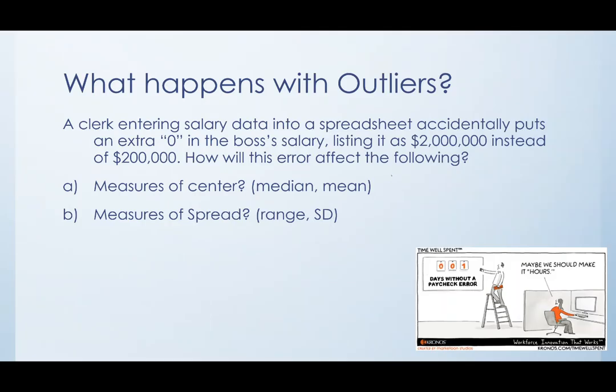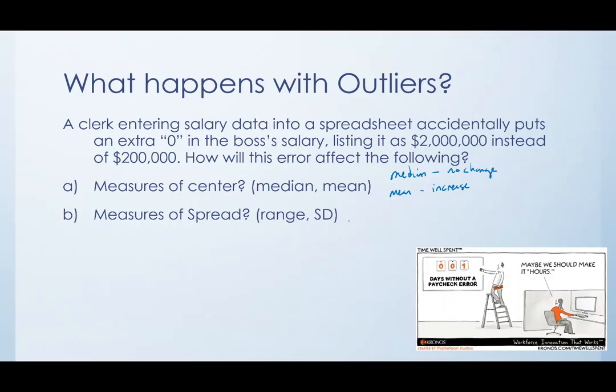For the median, the median's the number in the middle. If I change the highest value to something even higher, the number in the middle is still the same. We're not going to have any change in the median. But the mean is going to increase by some amount. We don't know all the rest of the data, so we can't say by how much.